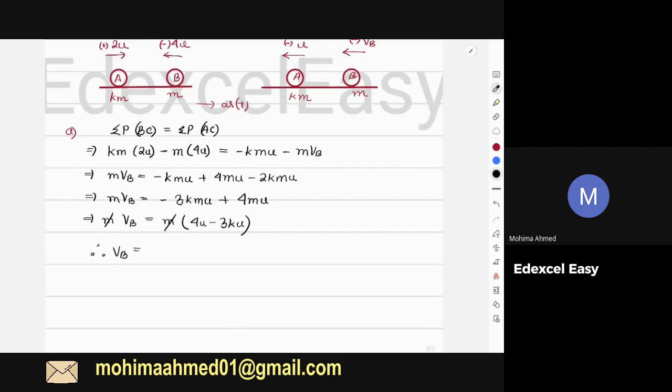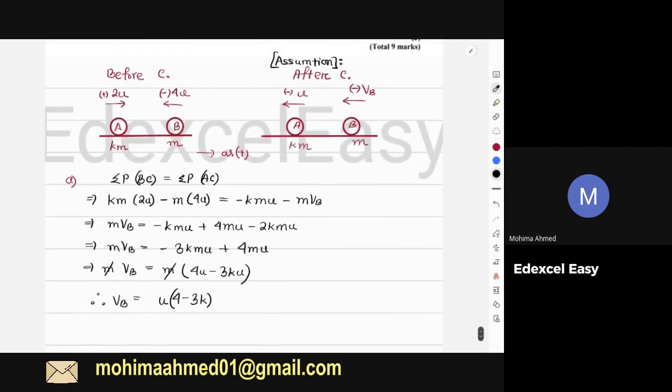They asked you to find an expression for the final velocity v, so you can write this as 4 minus 3k, and I can also take u as a common factor, so u(4 minus 3k). Is this clear? Any question so far?